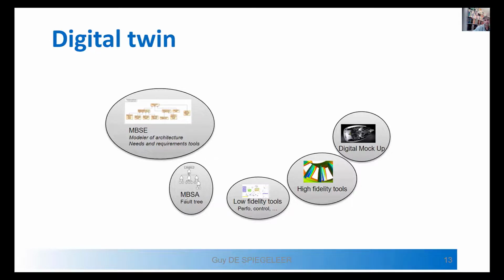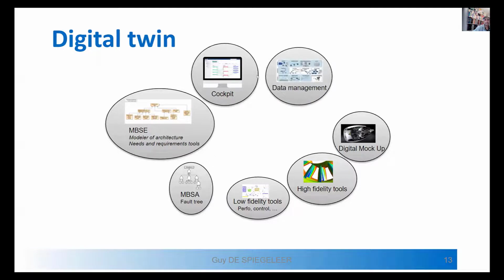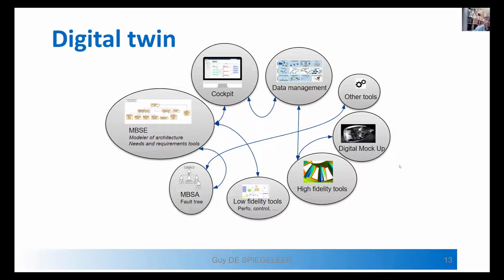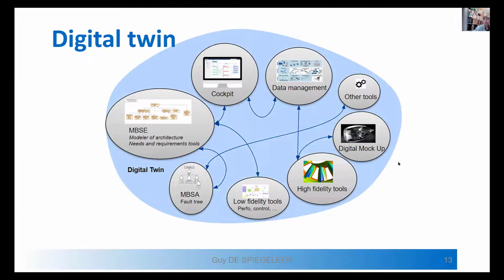This is also the safety, the list of failures, of course, a cockpit to interact with these tools, some data management to store all the data used in these tools, and also all the tools I forgot to mention. And all these tools are connected. And today, more or less, this is a digital twin.